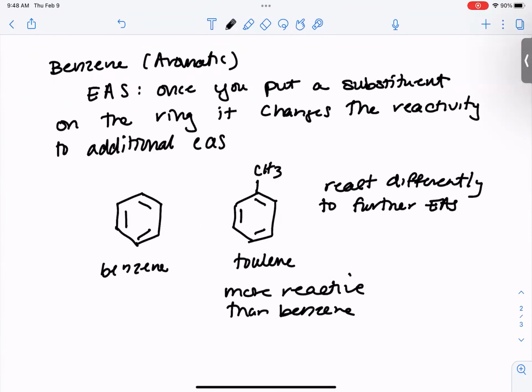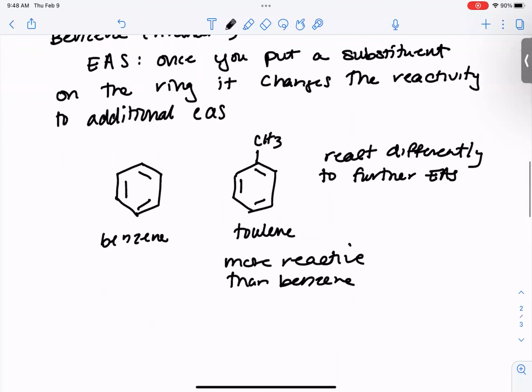So if you remember when we went through this mechanism, and you have to know this mechanism, you have the intermediate. What charge is on the intermediate? Is it positively charged or negatively charged? With electrophilic aromatic substitution, we're adding an electrophile to the ring. What kind of charge are we getting on that intermediate? Positive, right?